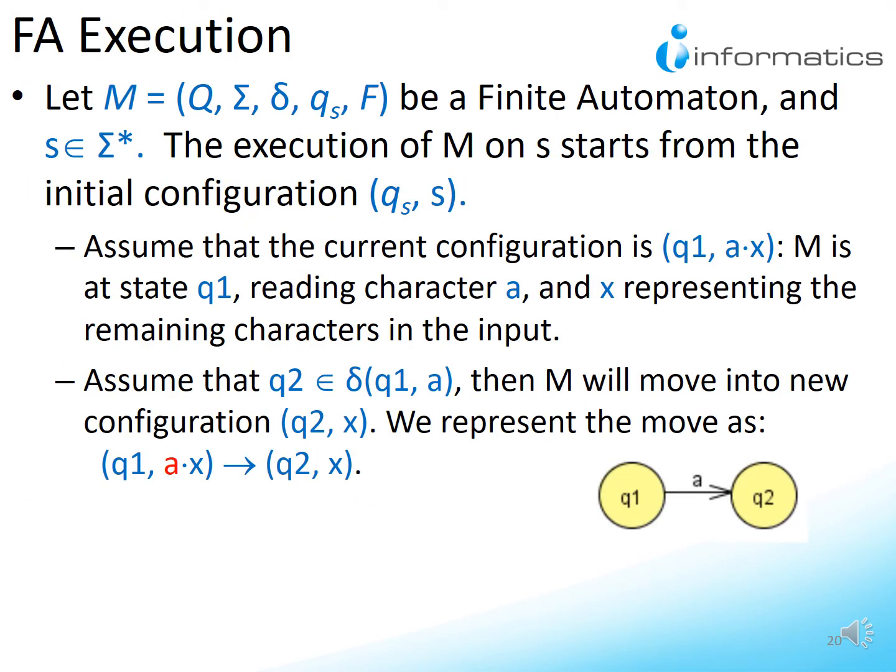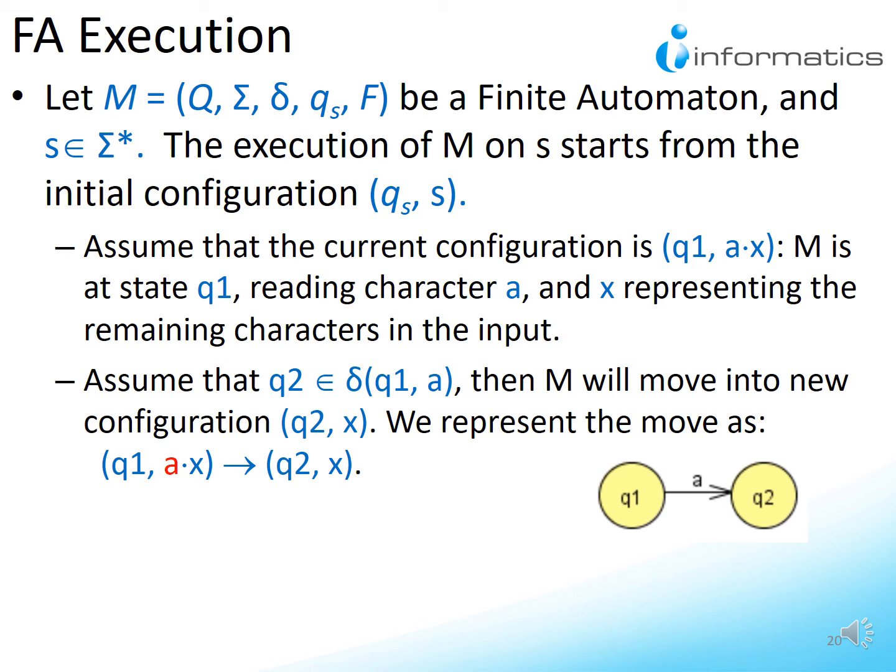This summarizes the execution of a finite state automaton. When we start, the machine is in the initial configuration, consisting of the initial state, and all the input placed in the input reader.